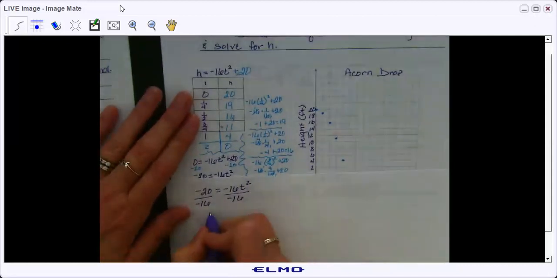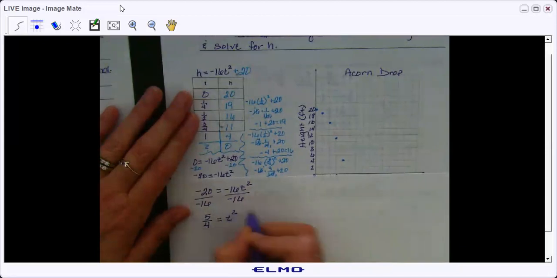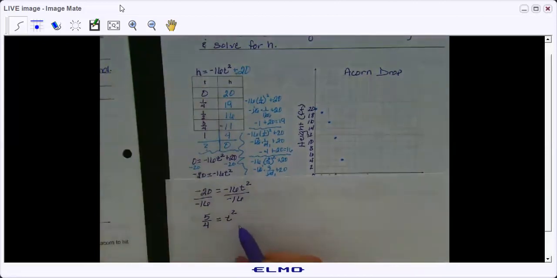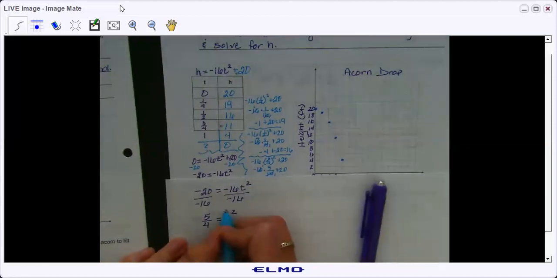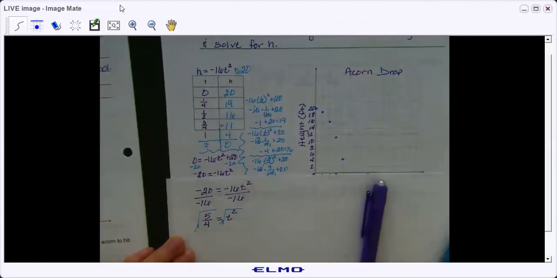And we end up with 5/4 equals t squared. But that gives us time squared. And now we're going all the way back to radicals where we have to square root. So we end up with the square root of 5/4 equals t.